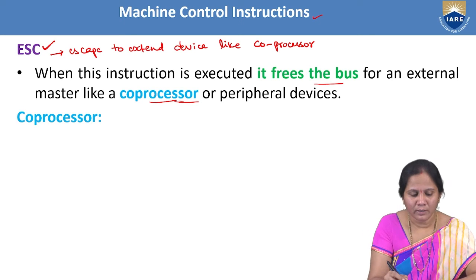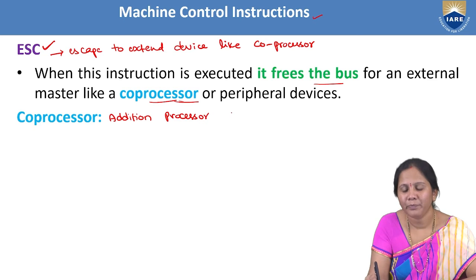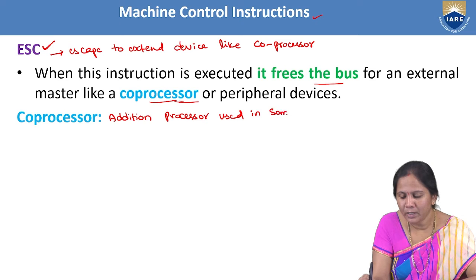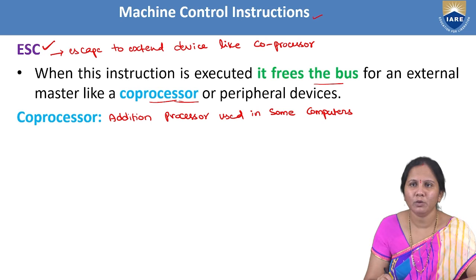Here, a coprocessor means an additional processor used in some computers. What is the purpose of this coprocessor?